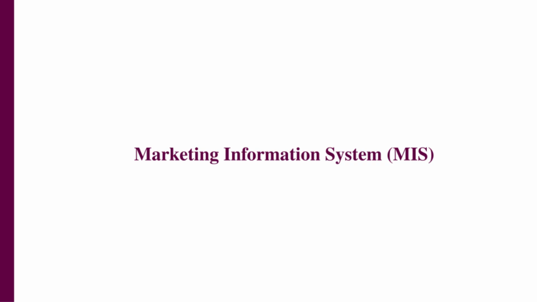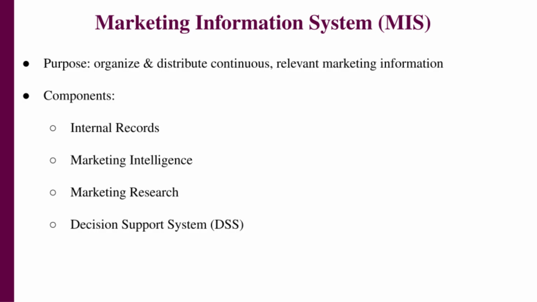Let's start by defining MIS and its main components. A marketing information system is designed to organize and distribute continuous, relevant information that supports marketing decision-making. MIS ensures that managers have timely access to accurate data rather than relying on guesswork.